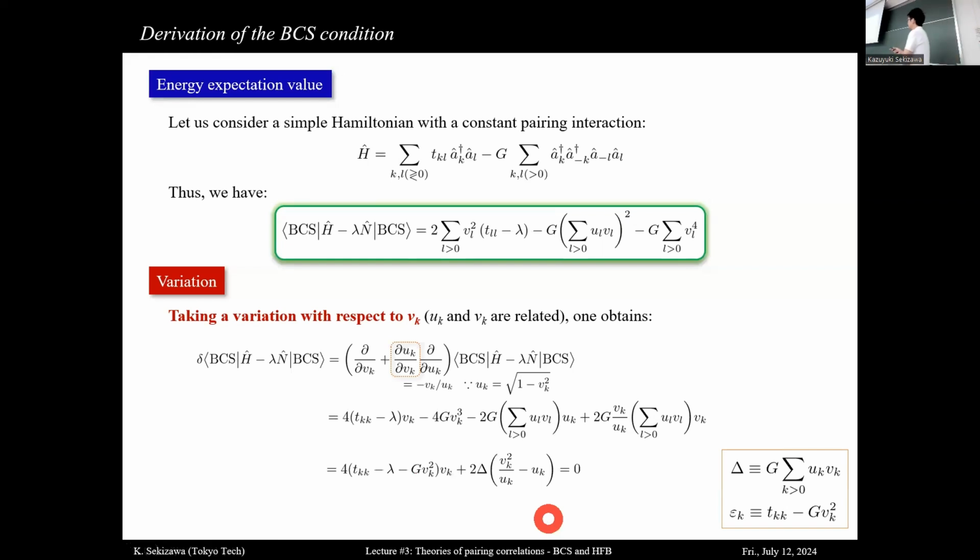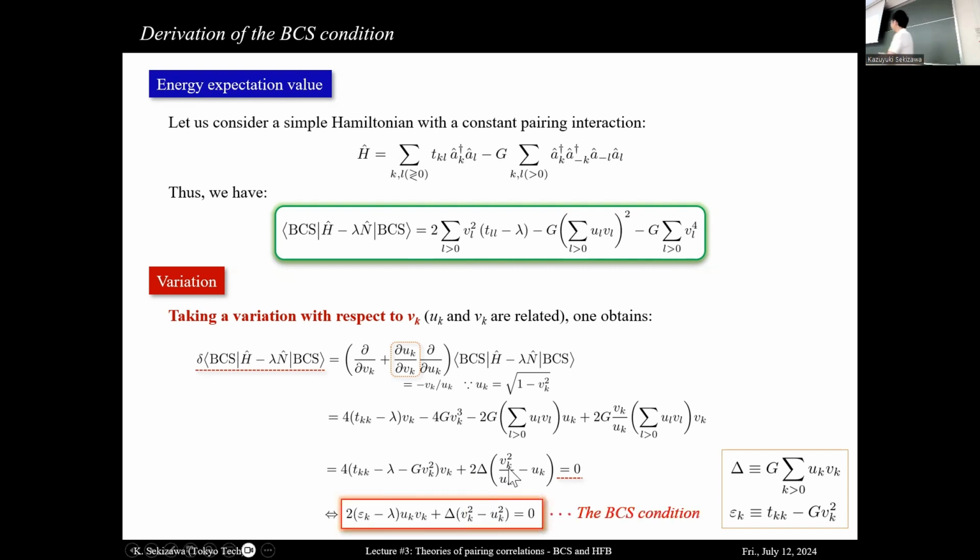The point is, this is the result of variation, and this equation determines what U and V minimize the total energy of the system. Okay, so this is the so-called BCS condition, which is a result of variation.